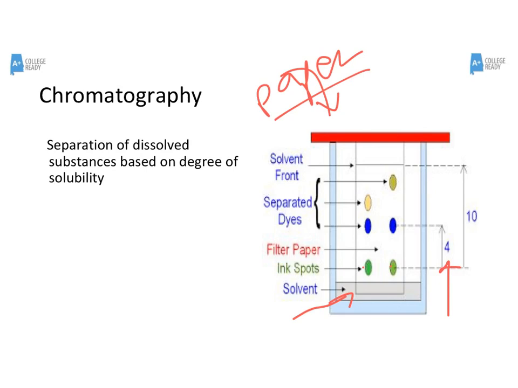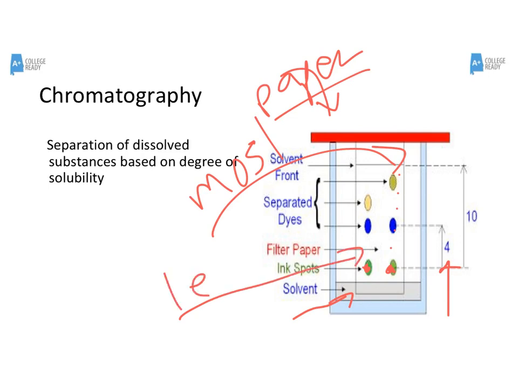It will dissolve these inks that we've put here, and the different colors in the inks will separate based upon their degree of solubility, with the color being the most soluble traveling the farthest up the medium, and the color being the least soluble, being the one that is closest to the solvent. So it's a very, very good way to separate substances based on their degree of solubility.